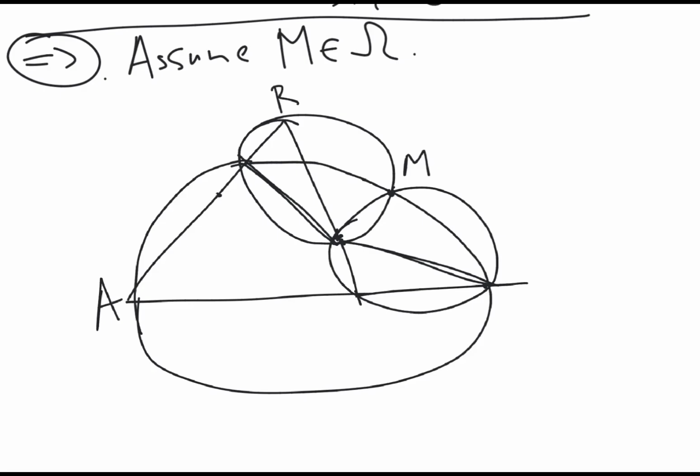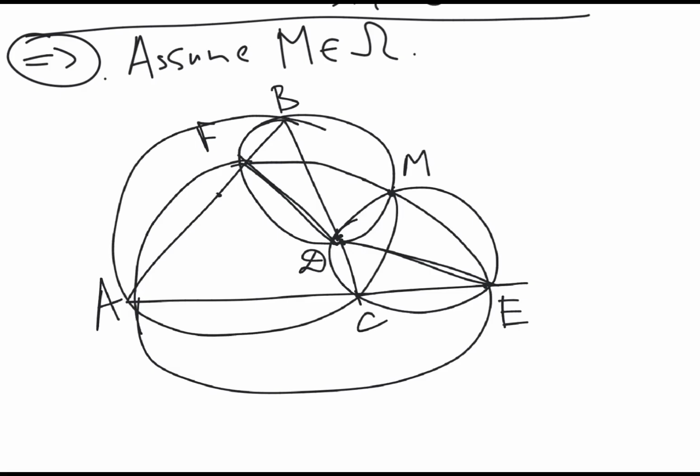A, B, C, D, E, F. And now we know that the Miquel point belongs on the circumcircle, so it lies on this circumcircle. And we need to prove now that D, E, F lie on the same line.